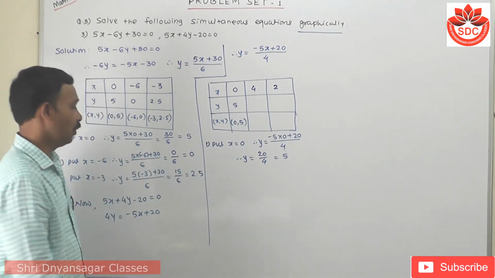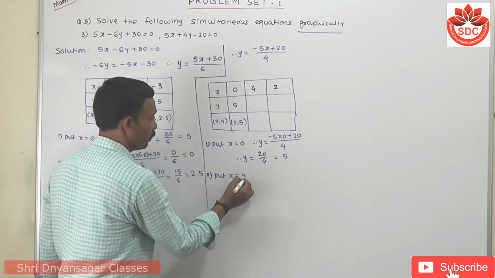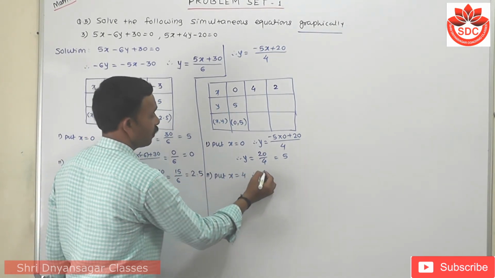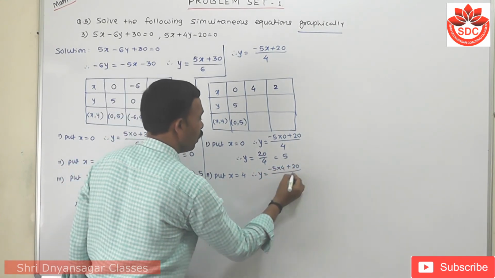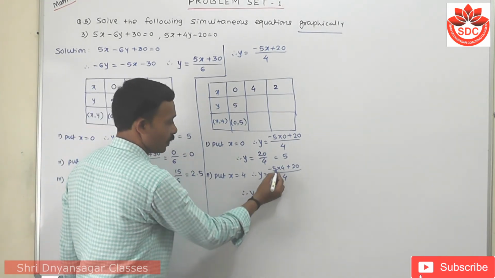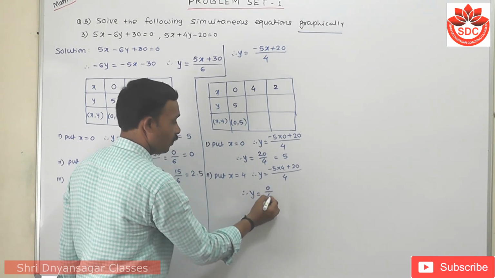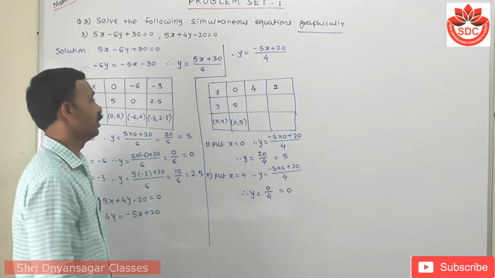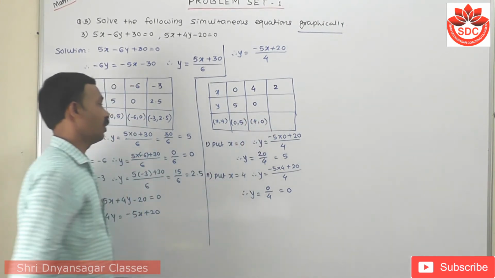Okay, then take the second one, put x is equal to 0 is the ordered pair.